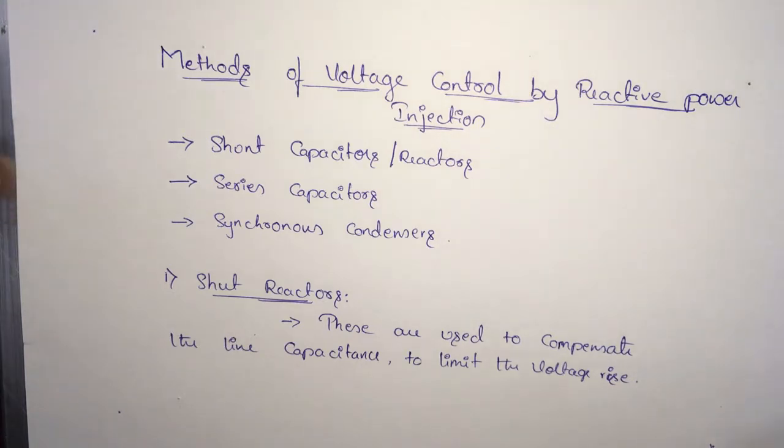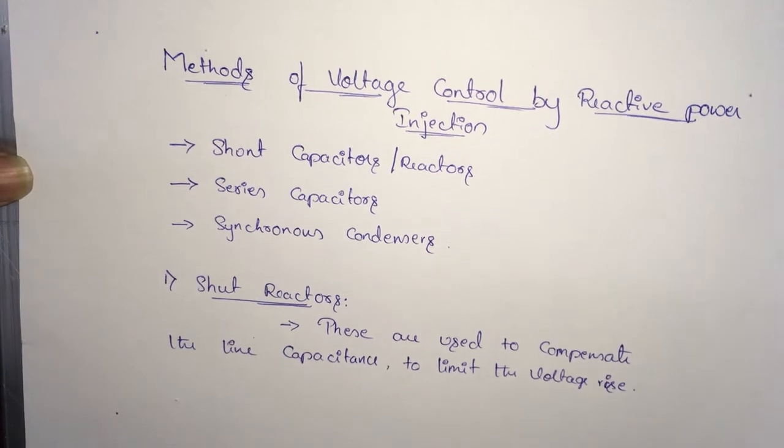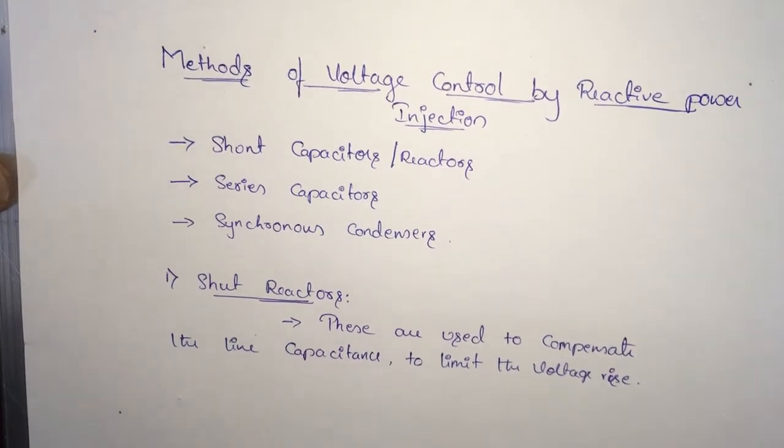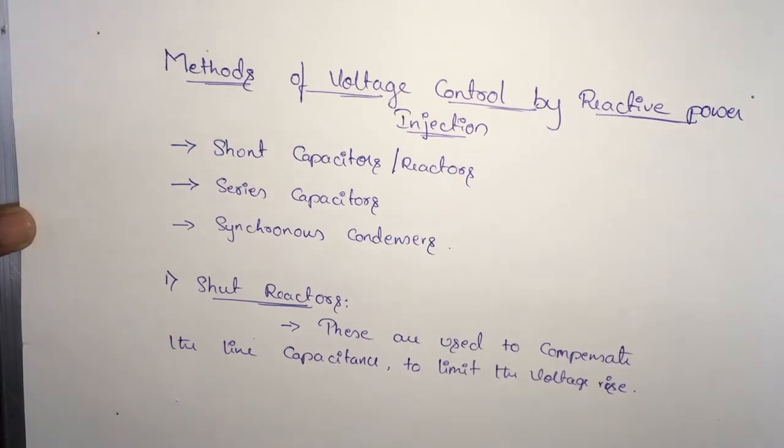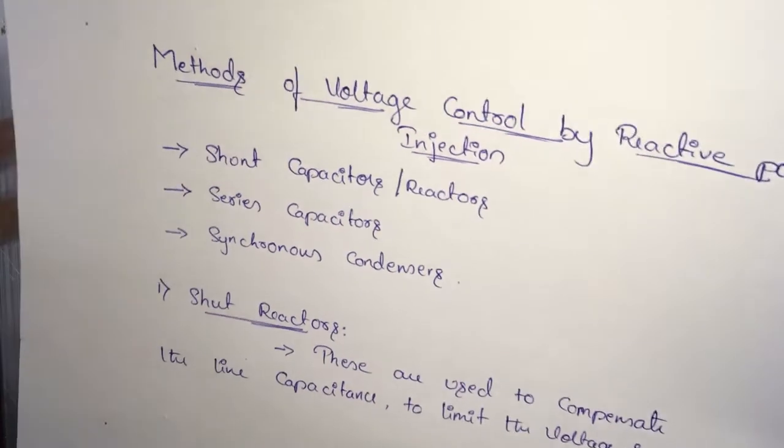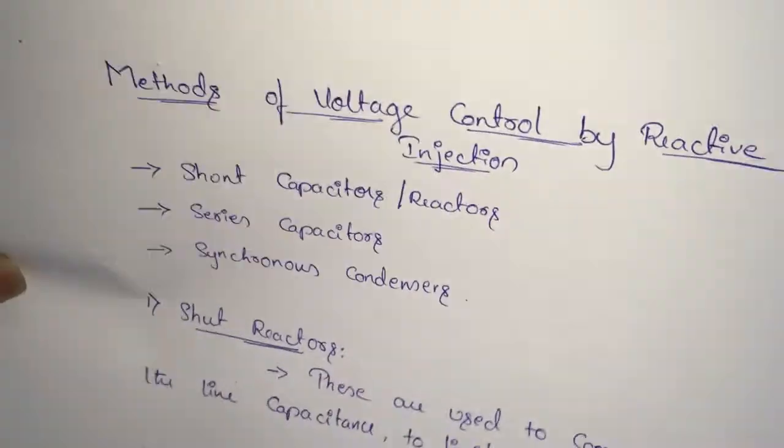The rise in voltage causes the Ferranti effect, and we all know if the receiving end voltage is greater than the sending end voltage, we call it the Ferranti effect. Just to keep that in mind, we are using these shunt reactors to compensate the effect of line capacitance.